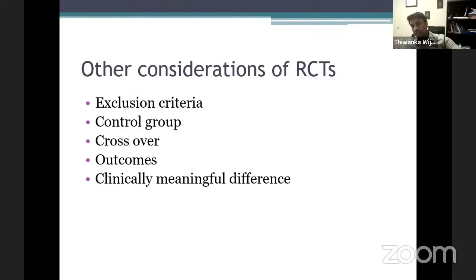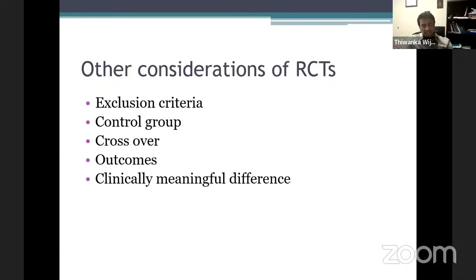You're able to study different interventions using the same population. But remember, if it's a crossover design, make sure there is enough washout period. What that means is there should not be any residual effects of treatment A. It should be completely washed out before treatment B is started. So if you're doing a crossover design, particularly look at the washout period.